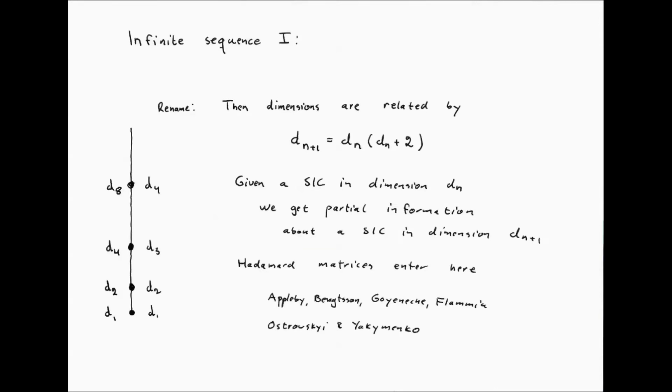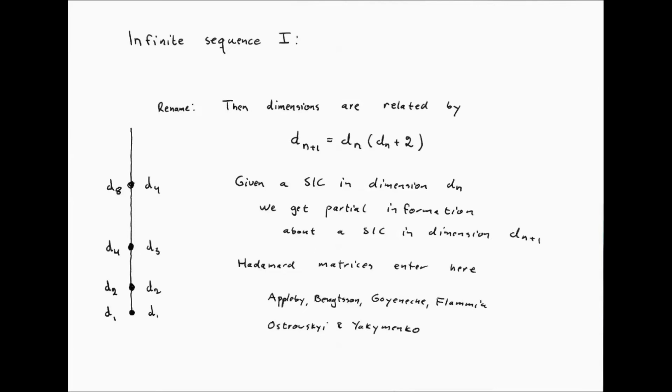So here's an example. I'm going to re-index the dimensions in this sequence. So instead of D1, D2, D4, D8, I talk about D1, D2. I mean, I just change the labels here. Then the dimensions that occur here are related by this simple recursion relation.